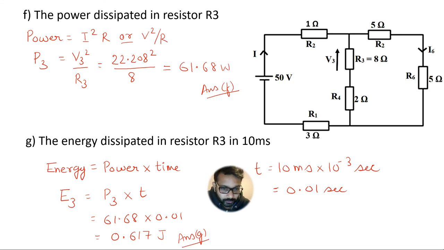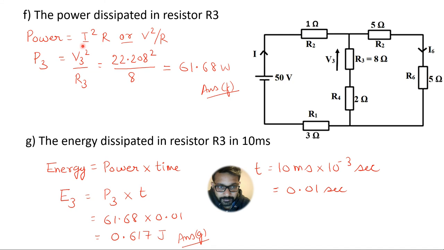Now all the complex parts are over. Now we have to find the power dissipated in resistor R3. R3 is here, this one. For calculating power, we have two formulas.